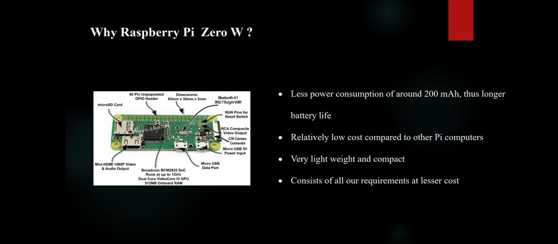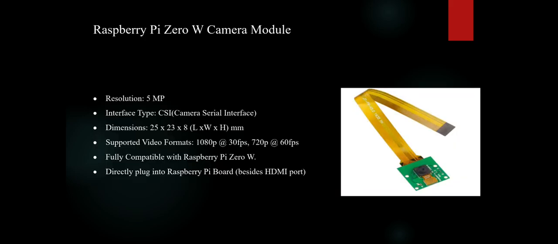In particular, we have chosen Raspberry Pi Zero W as our processor because it consumes low power, and its cost relative to other processors is very less. It also supports a camera module which we require in our project. Alongside that, we use the Raspberry Pi Zero W camera module to take the pictures of the samples.